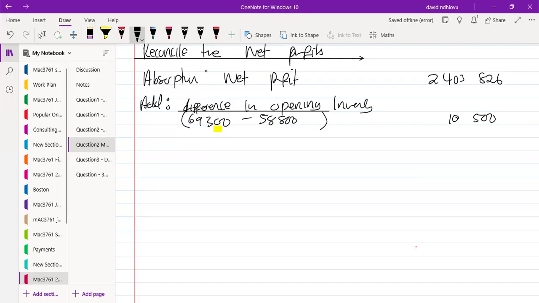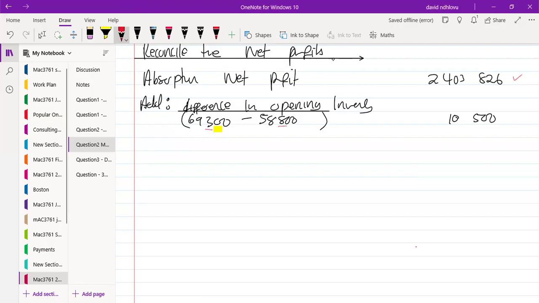Right, wonderful. So I'll just repeat it again so long. Remember, absorption costing, which is the net profit that I've started with here, includes fixed manufacturing overheads in the calculation of opening inventory. That's why it is bigger than that of direct costing.